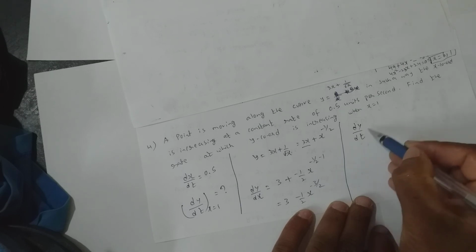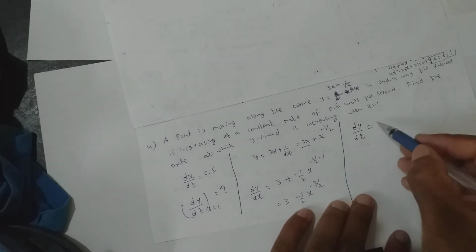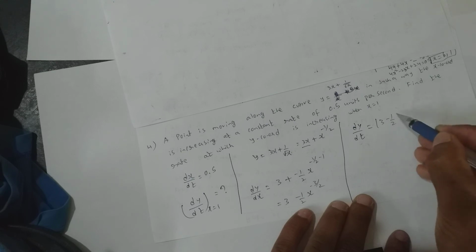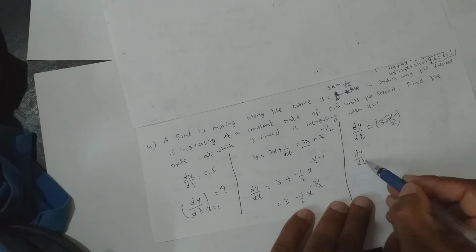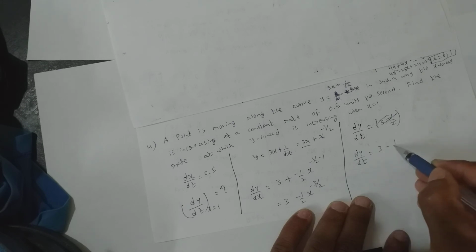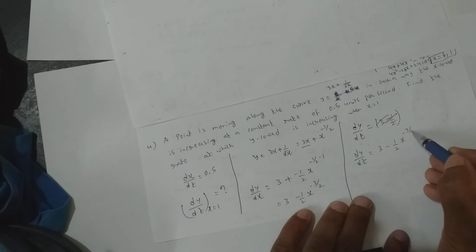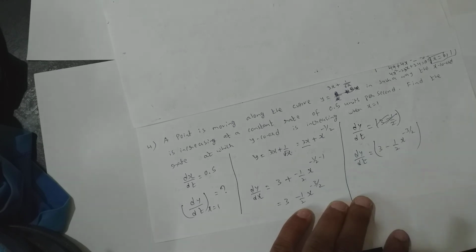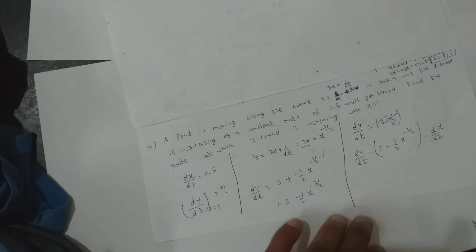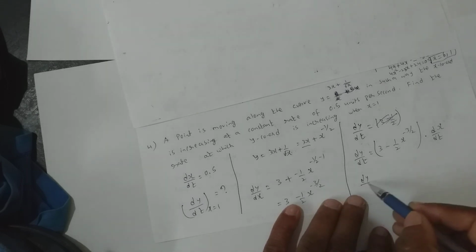How much will dy by dt be? Same thing. dy by dt equals 3 minus half x power minus 3 by 2. Place a bracket for the entire thing and at last d by dt of x. Now dy by dt when x equals 1 I need to find out.